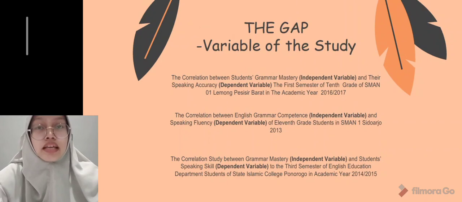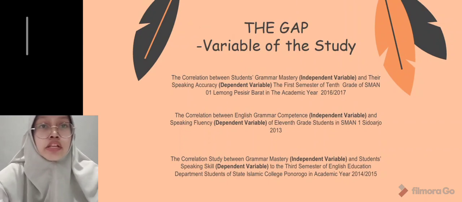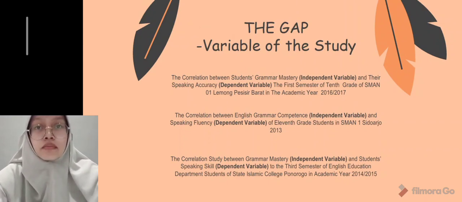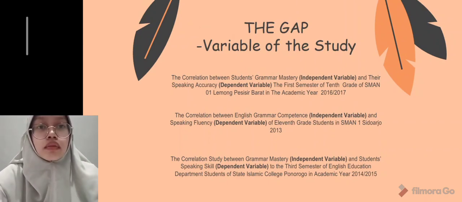The next research is the correlation between English grammar competence and speaking fluency of 11th grade students in SMA Negeri 1 Sidoarjo 2013. The independent variable is English grammar competence, and the dependent variable is speaking fluency.